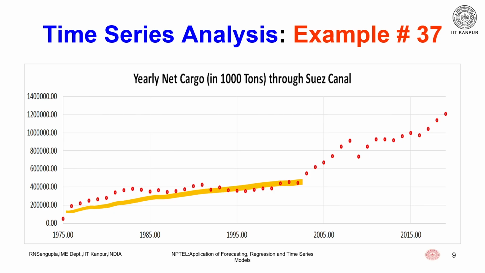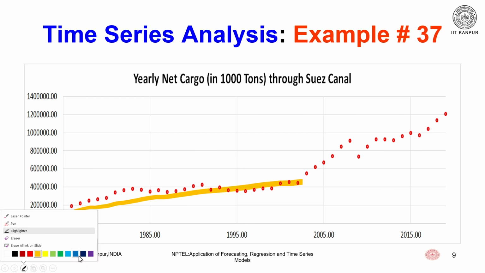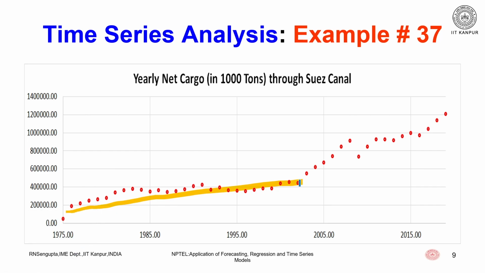Starting 2000, if I consider the value, and I use a different color here, the average value increases substantially, which means the trend value is increasing.